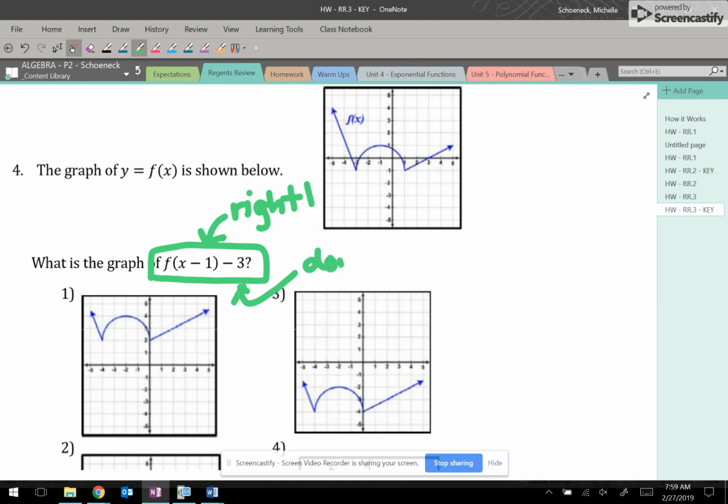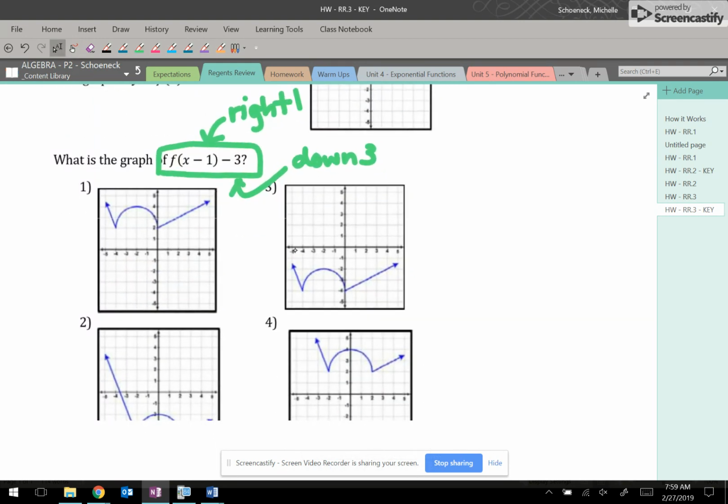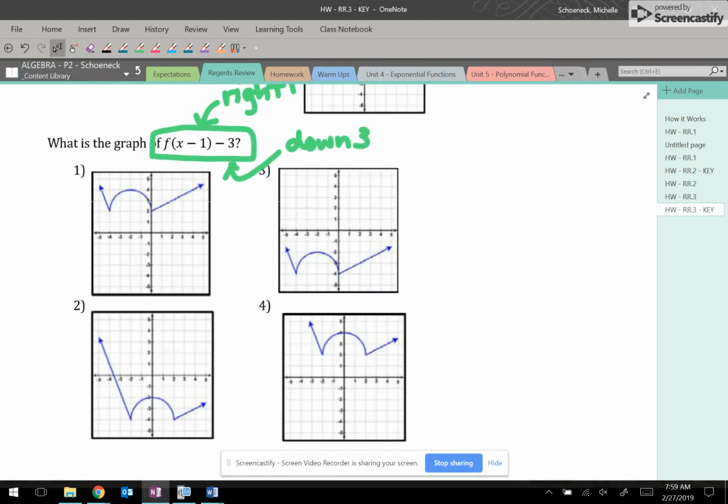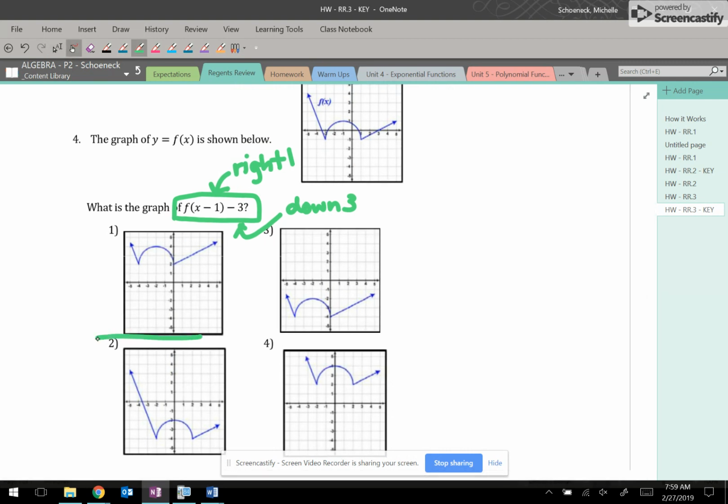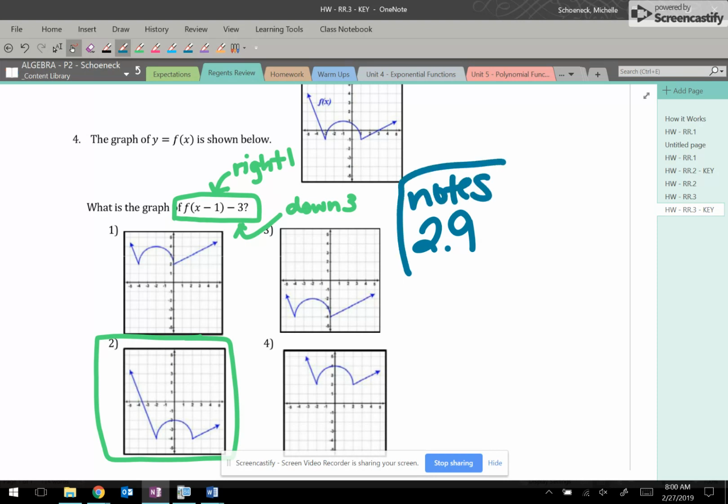This is going to go down 3. So we need to decide which one of these answer choices is going right 1 and down 3. And it ends up being answer choice number 2. Use your notes 2.9 for this. We talked about it in our warm-ups all last week too.